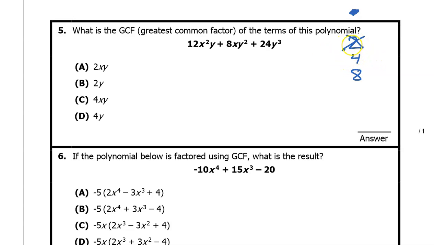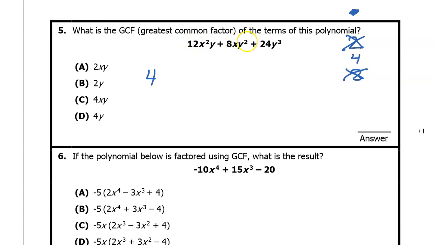So far the 4 is winning. What about 8? Well, 8 does not divide evenly into 12. All right, so that means 4 is the winner. So my GCF is going to include the number 4. So that's how you handle the numerical part.